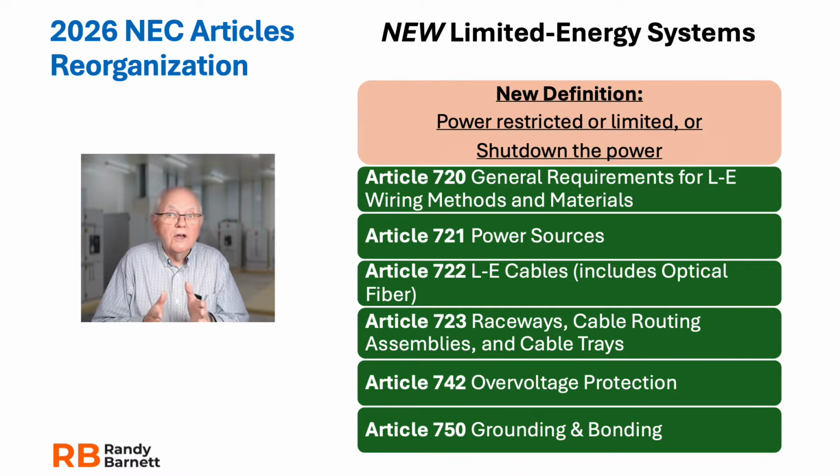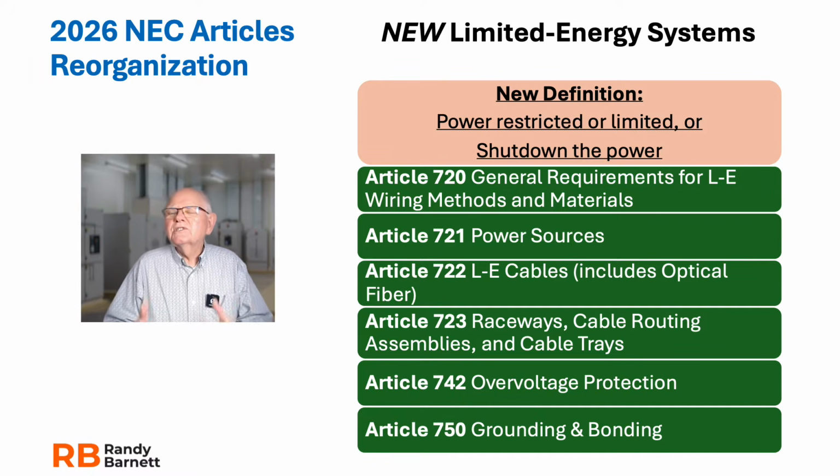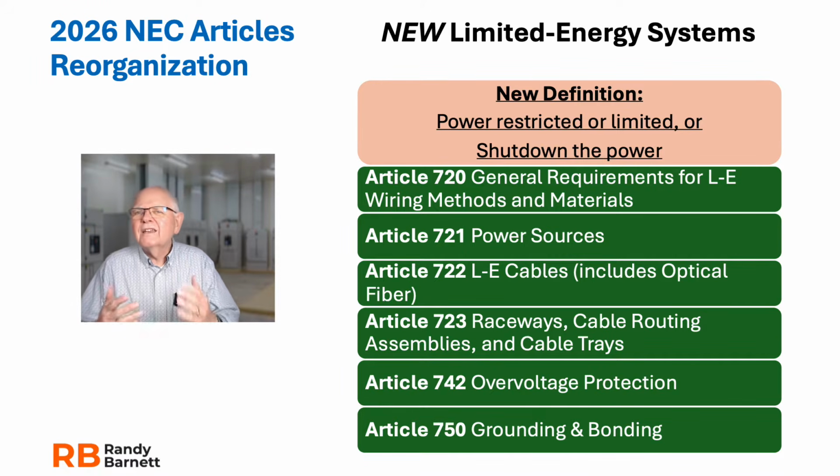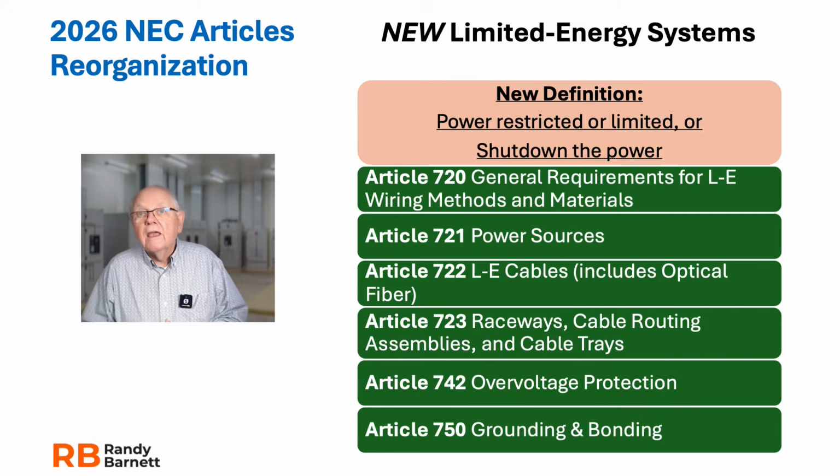The whole purpose of the code is to prevent electrical fires and to prevent people from getting shocked and electrocuted. So if we're dealing with limited energy systems, maybe we're talking about systems where there just isn't enough energy to normally get a shock, say at 30 volts or 24 volts or something like that, and the total amount of energy is really not enough to cause a fire.